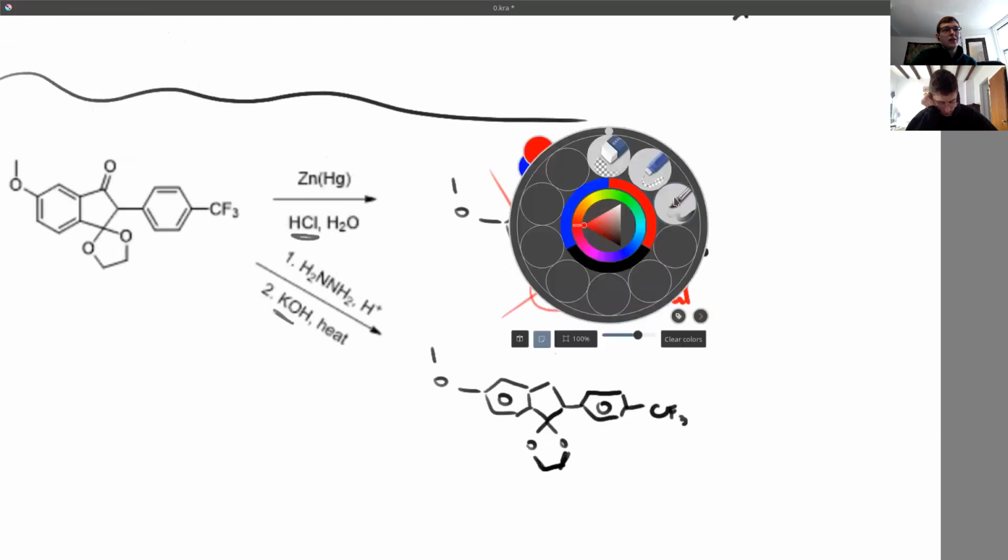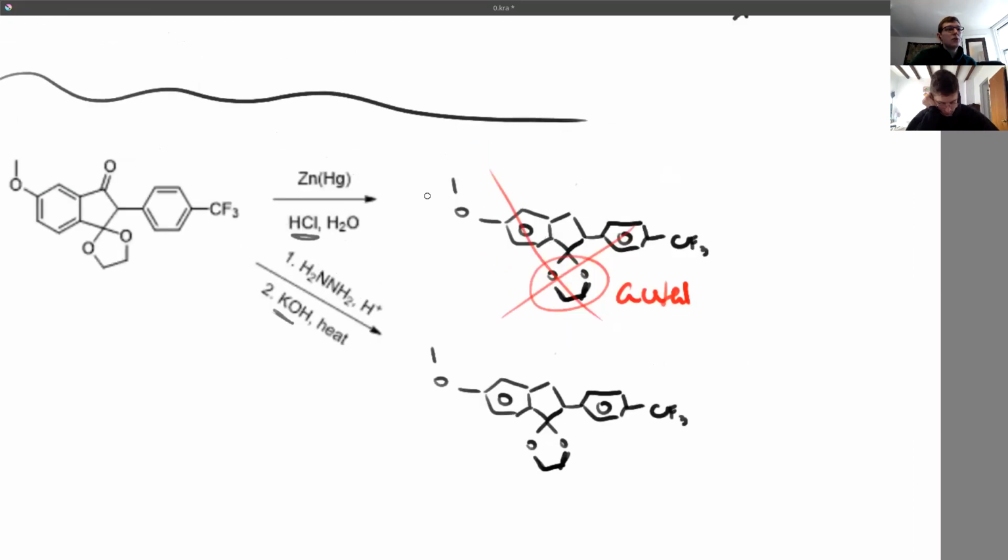Instead, what happens is we go from here. I'm just going to draw this 5-carbon ring because the rest of the molecule is pretty safely irrelevant. There we go. So we break down that acetal into 2 ketones.